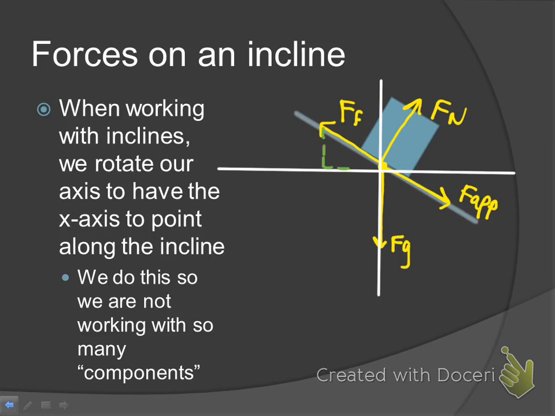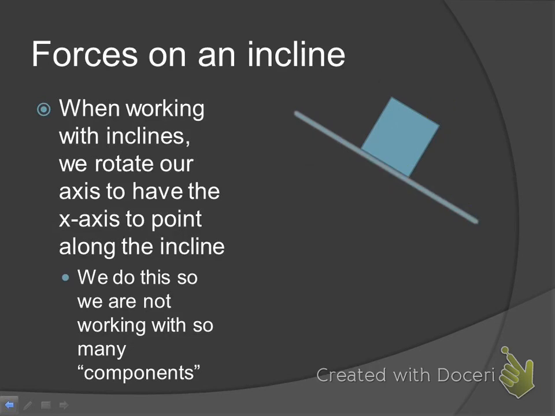I would have a frictional force component, I would have a normal force component, and I would have an applied force component. And that's not what we want. We want to deal with as few components as we can. So that's the whole purpose of us shifting those axes so that it runs along the incline.